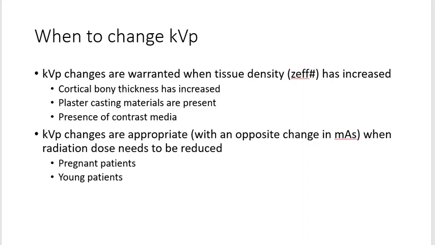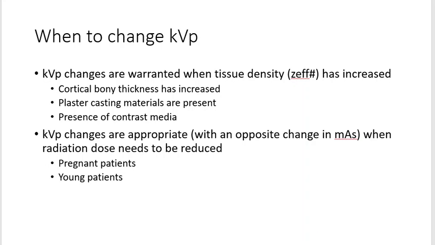They're also appropriate, with an opposite change in mass, when you want radiation dose to change. So if you've got a pregnant patient and you're doing an IVP on a pregnant patient, or you have to do a KUB on a patient, or an AP of the L spine because they were in a car wreck, then what you're going to want to do is increase your kVp and reduce your mass. Same thing with young patients.